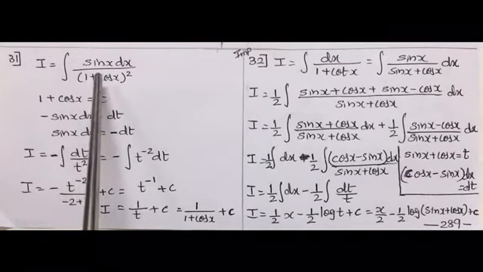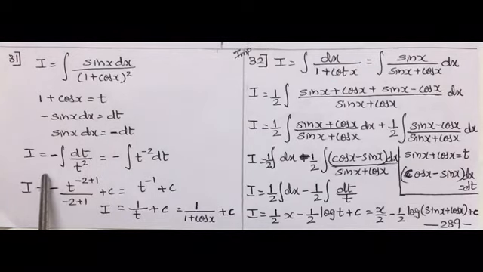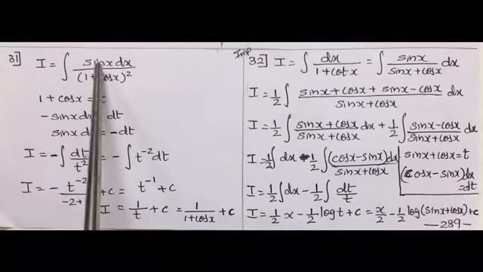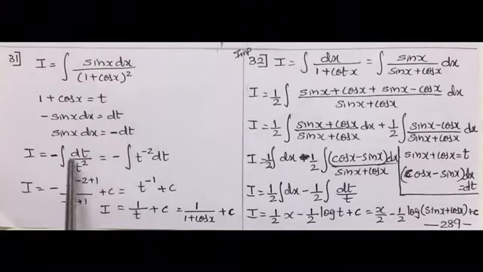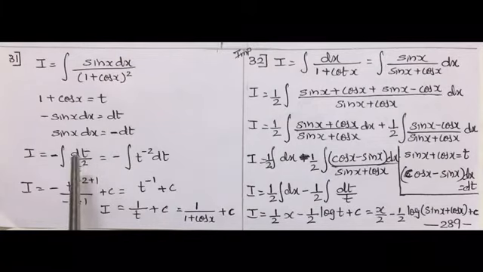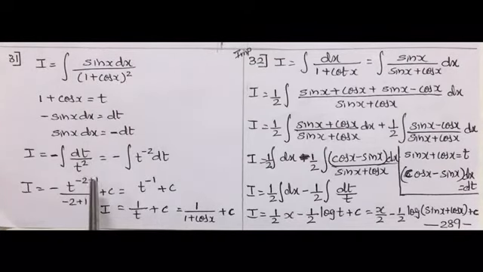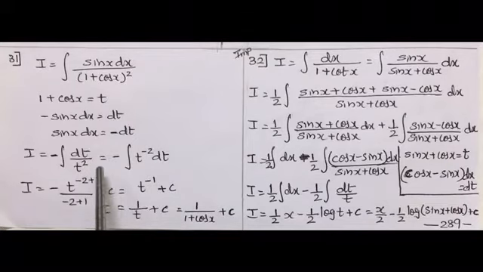Keeping all the values in I, we get I is equal to, in the place of sin x dx, minus dt is written, and in the place of 1 plus cos x, t and square is there, so t square, and that is equal to minus integration t raised to minus 2 dt.